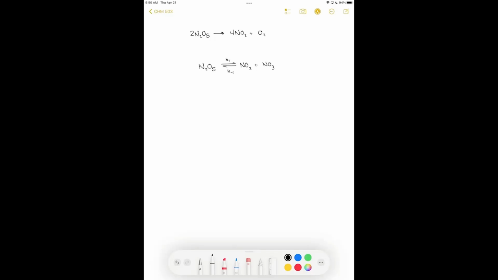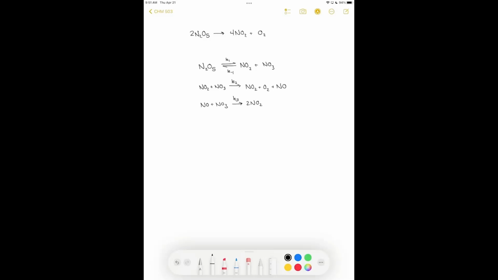Then we take the molecules of NO2 and NO3 and allow these to collide together with a rate K2 that makes NO2, O2, and NO. Finally, we take a molecule of NO and a molecule of NO3, collide them together with a rate K3 to make 2 molecules of NO2.